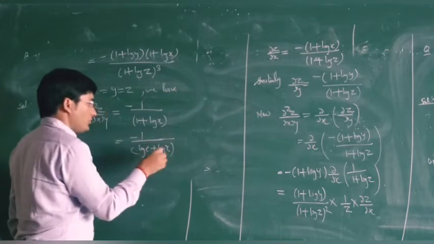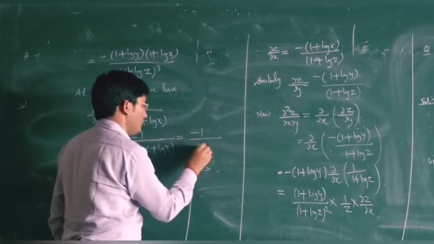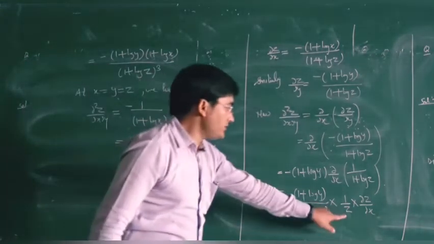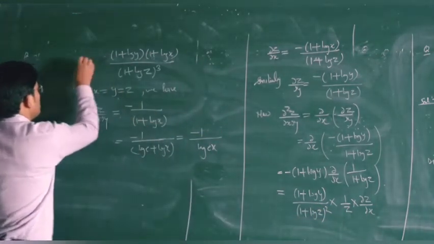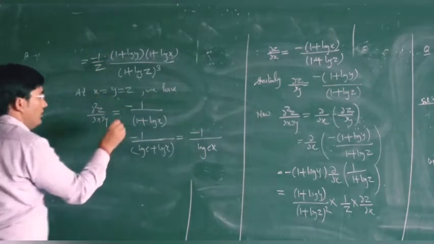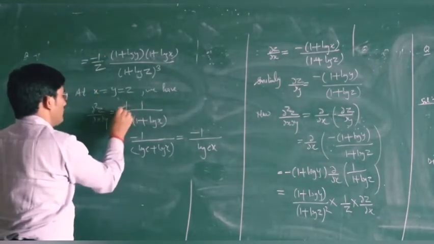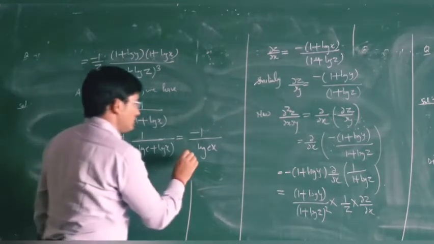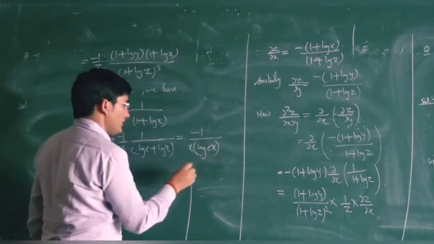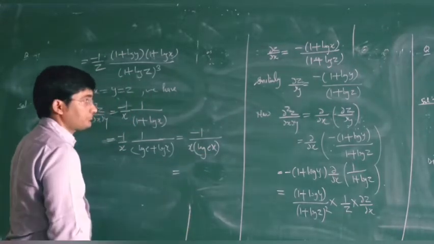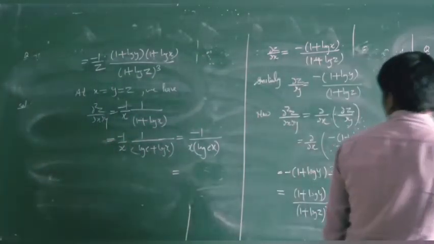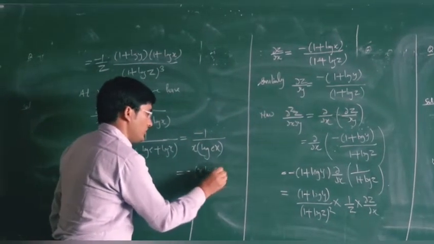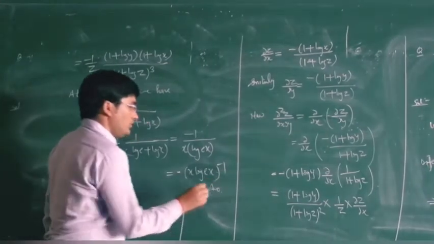Now log a plus log b is equal to log a into b. Again, we have 1 by z here, so we have minus 1 by z, and this will be your minus 1 upon x. So this is equal to x into log ex. So our answer is equal to minus x log e into x power minus 1. So this is your right hand side.